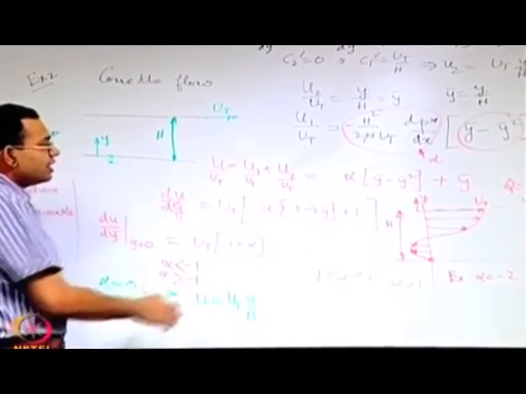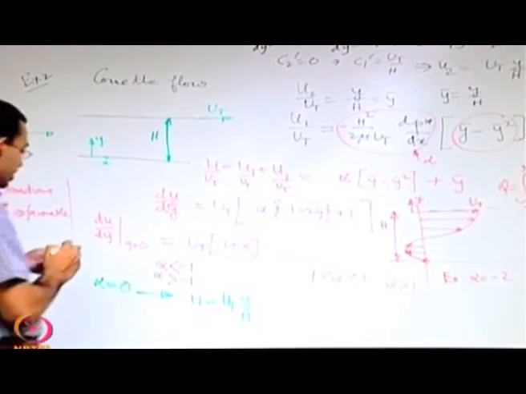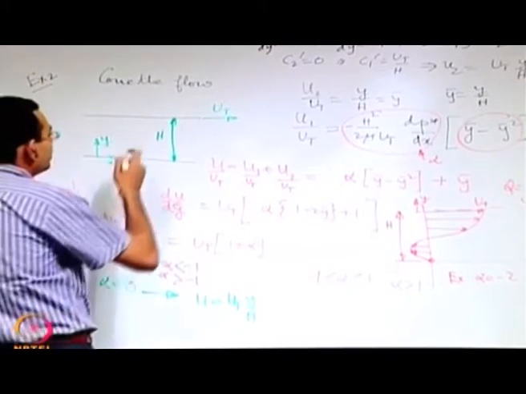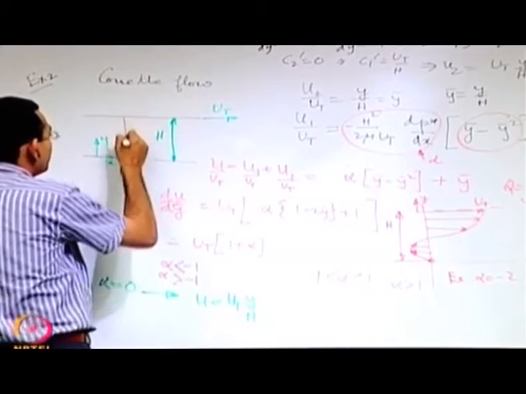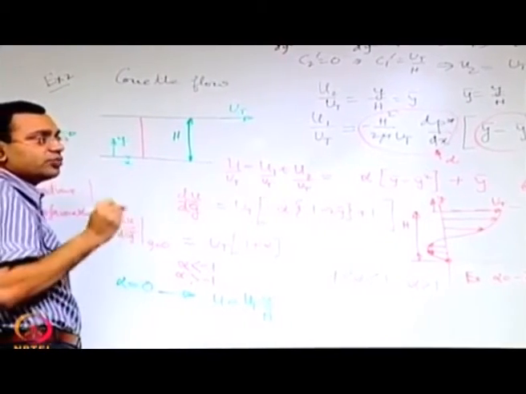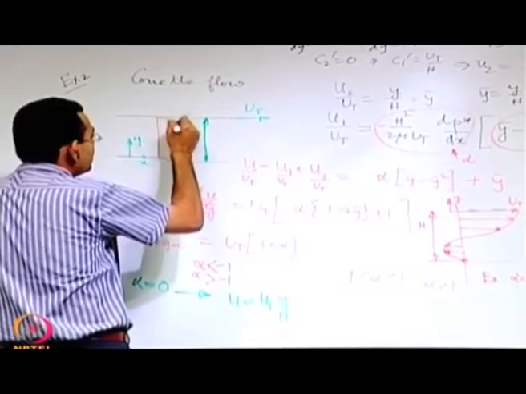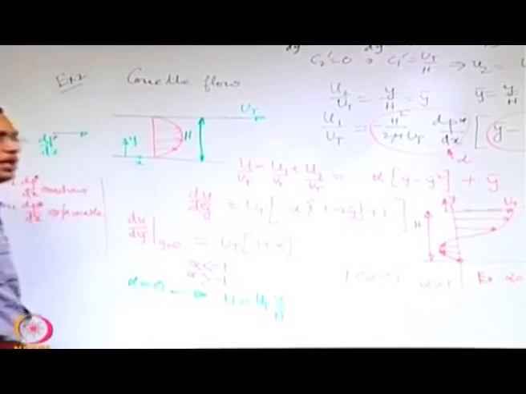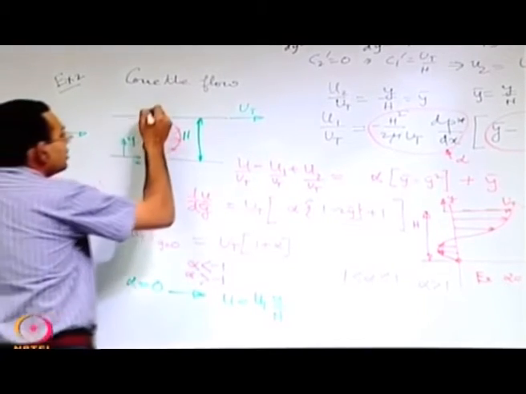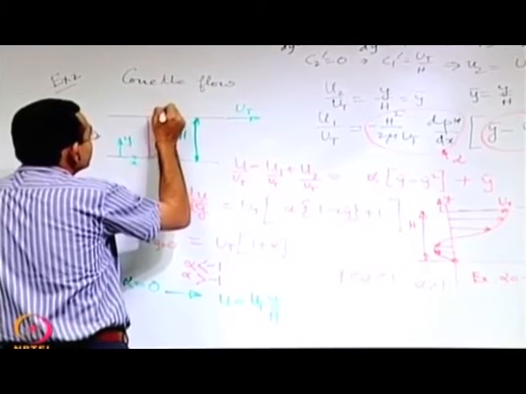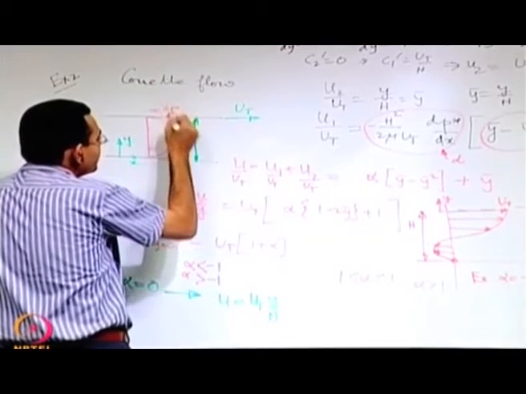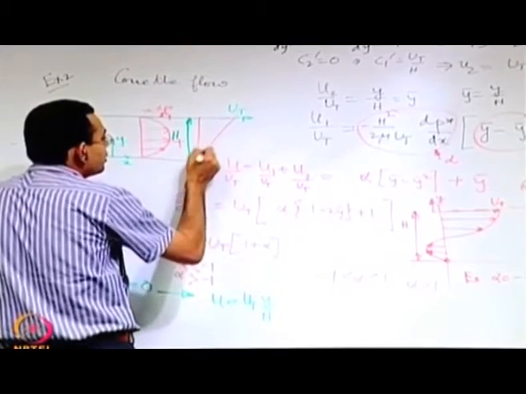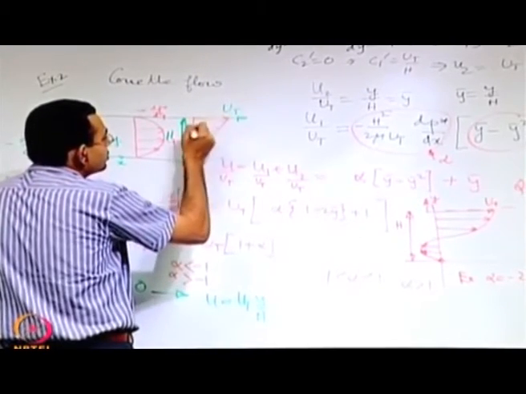linear. So you can see that if you want to superimpose two velocity profiles to get the resultant velocity profile, you have the velocity profile as the sum of the velocity profile due to Poiseuille flow, which is like this, for negative dp dx, plus a linear velocity profile because of the motion of the plate.